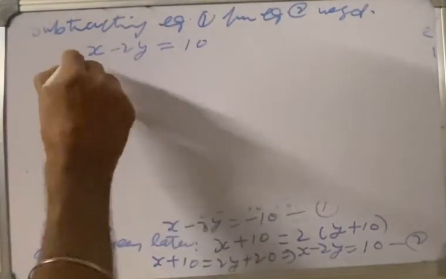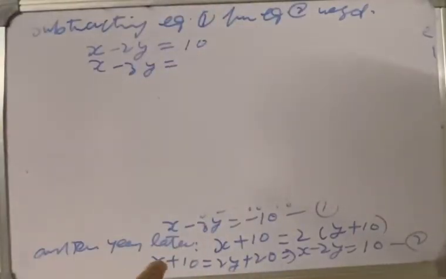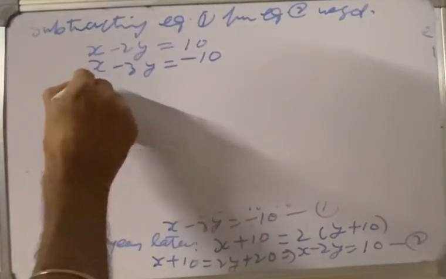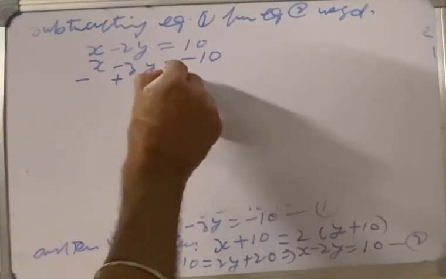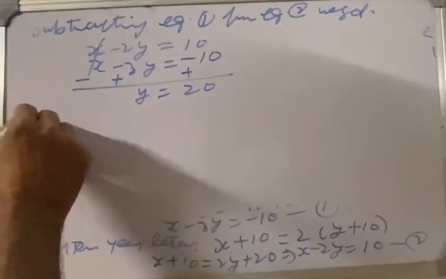The first is x minus 3y is equal to minus 10. So subtracting, minus plus plus, x cancelled. So y is equal to 20.